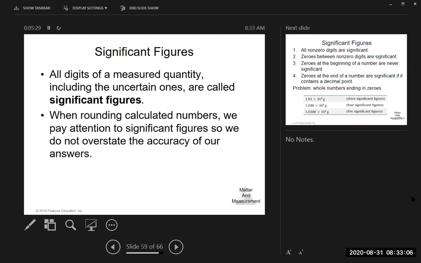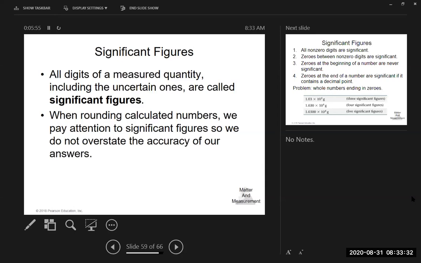So we talked before about, remember when we measured the quarter, and depending upon what kind of ruler we had, we had more confidence in some of the numbers than the others. So significant figures are always the numbers that we're totally certain of based on our measurement, and then the one number that we have a pretty good idea about, but we're not quite as certain.